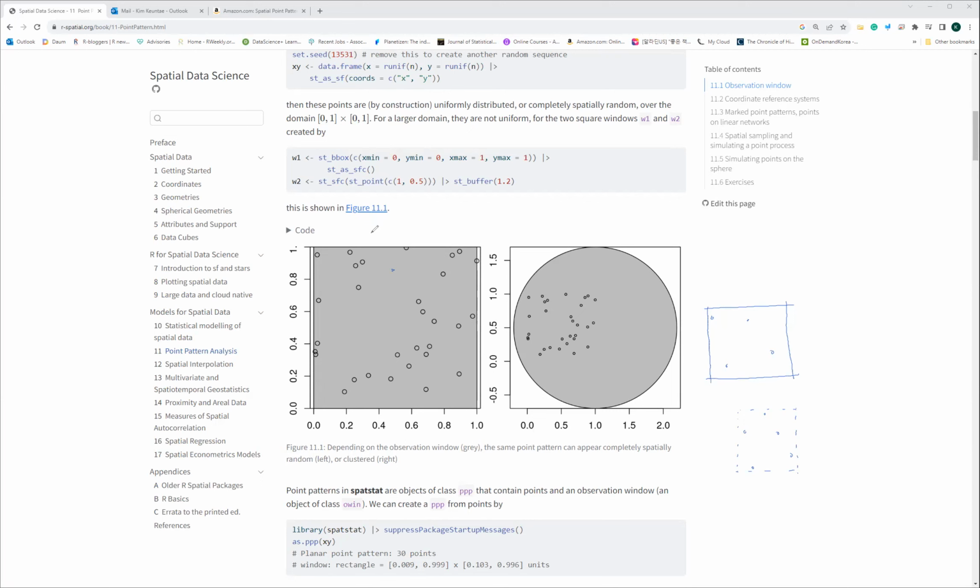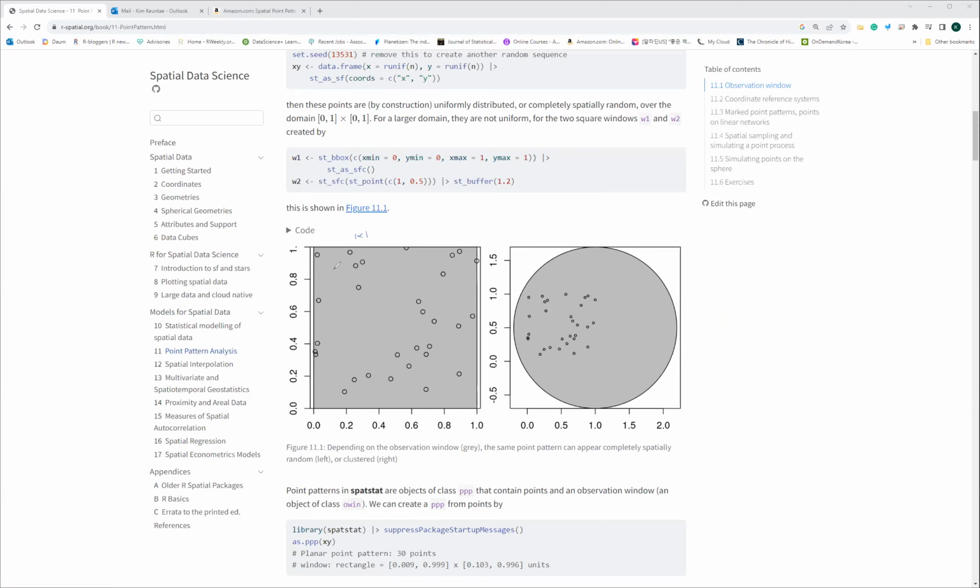Maybe this one is 1 by 1, and this one is 2 by 2. Depending on the shape and the scope, the area of the observed bounding window, the exploratory point pattern characteristics change, as you can see here.